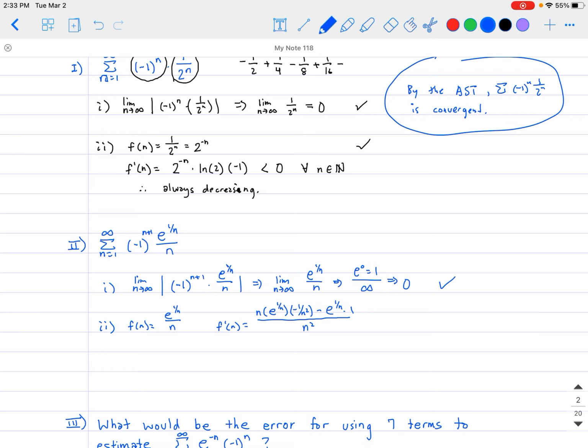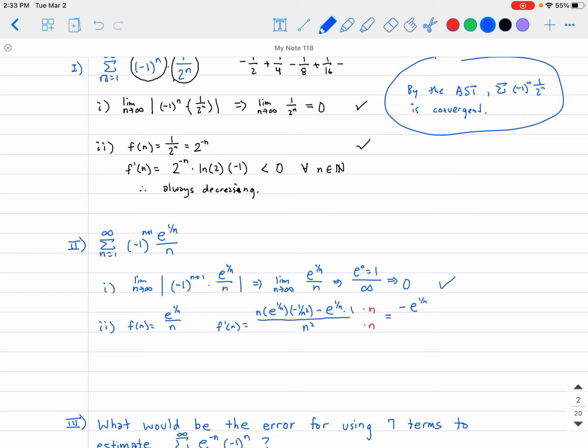To make our lives a little bit easier, let's multiply everything by n, because that would allow us to get rid of all of those nasty denominators. If we do that, the first term is going to be negative, and then we have e to the 1 over n.